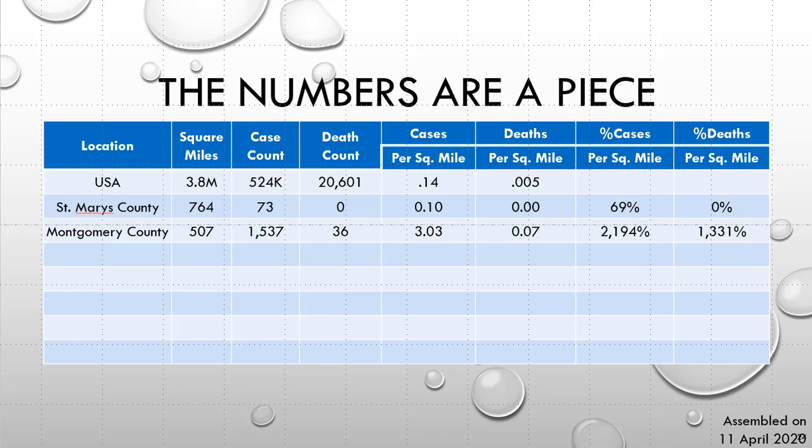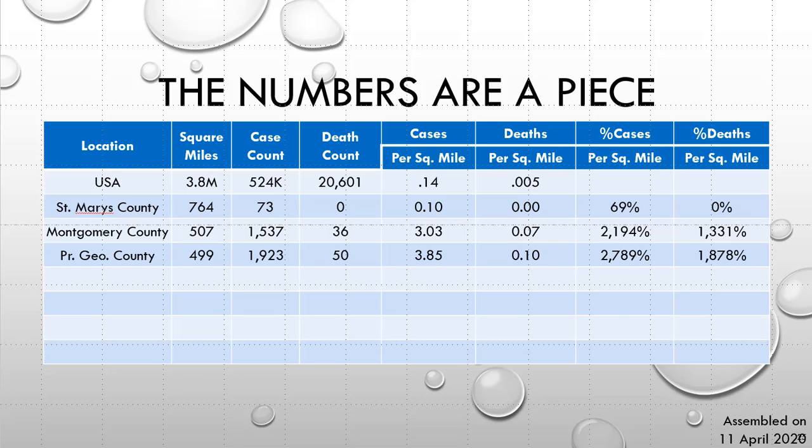Almost 22 times higher in the case count, and almost, we'll call it, 13 times higher in the deaths per square mile. Another hotspot area is Prince George's County, PG County, and that has equally alarming numbers. Almost 28 times the U.S. average, and almost 19 times the U.S. average in deaths.